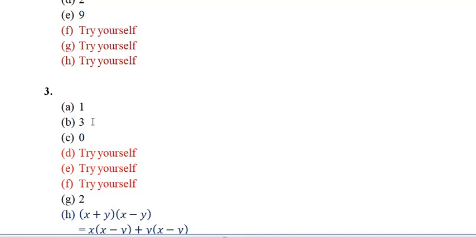So 2xy square, x and y both are together. x has no power, which means it is 1, and y already has the power of 2. So 1 plus 2 will be how much? 3. So this is how you will write the degree as 3.